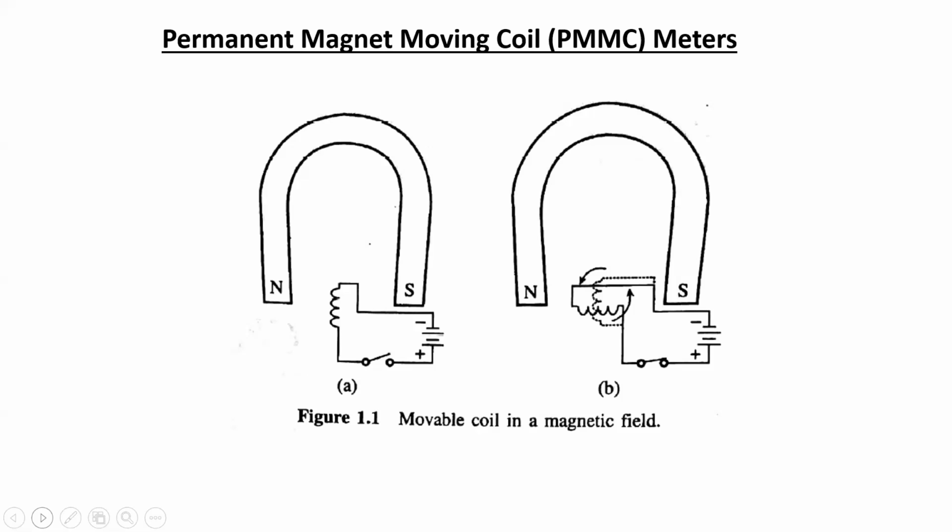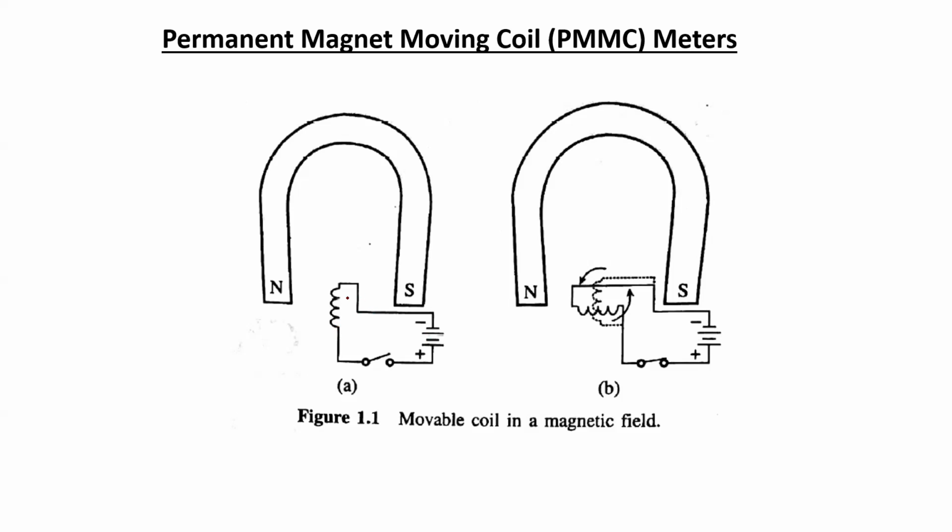As you can see in this figure, a horseshoe magnet is shown over here. One side of the magnet has a north pole, the other side has a south pole. The magnetic field lines are supposed to go from north to south. And in between that magnetic field, a coil arrangement is placed that is able to rotate freely.